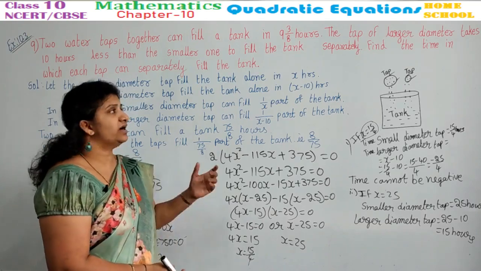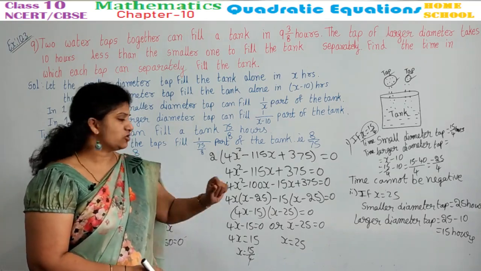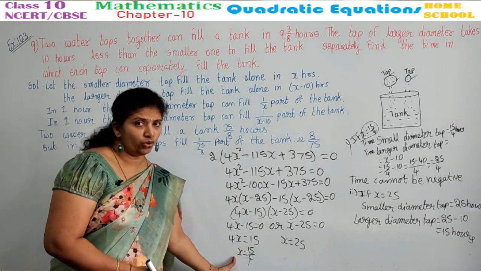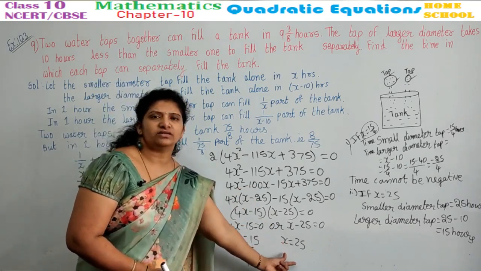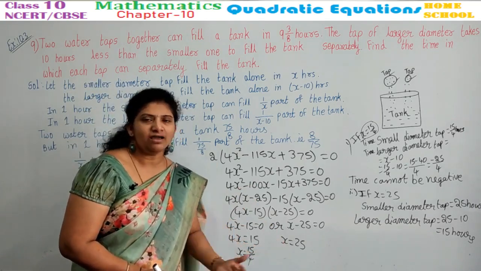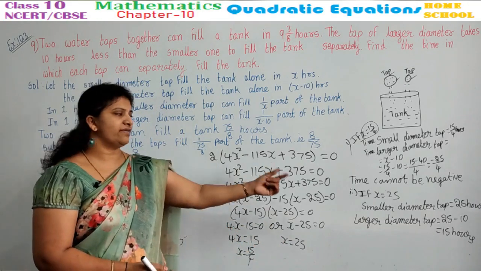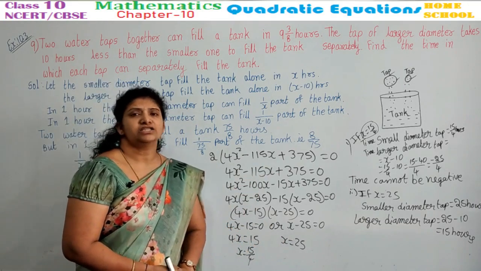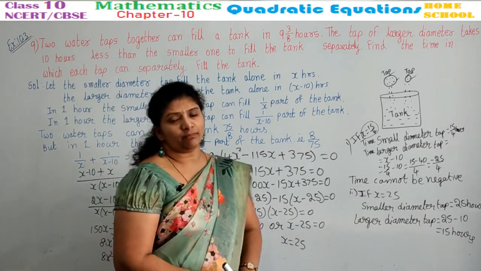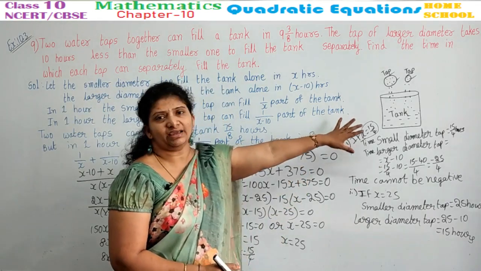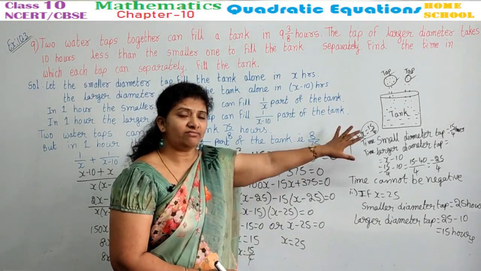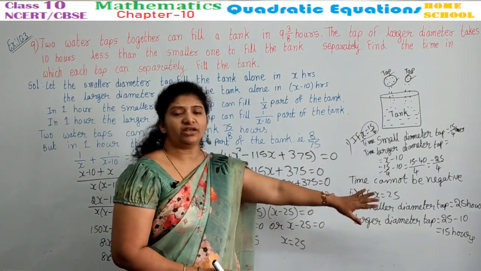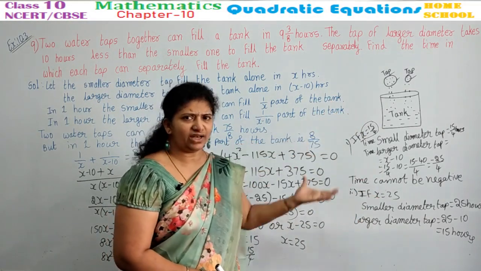And whereas here time cannot be negative, so I won't consider this root, then I am going to consider only this root as an answer. That is, if x is equal to 25, smaller diameter tap can fill alone this tank in 25 hours. Larger diameter can fill this in 15 hours.